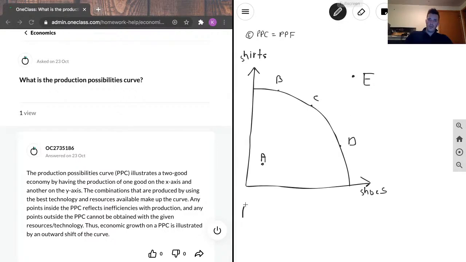So a good at point A, or more broadly, any good within the PPF. So anything inside the bowed out PPF is attainable.